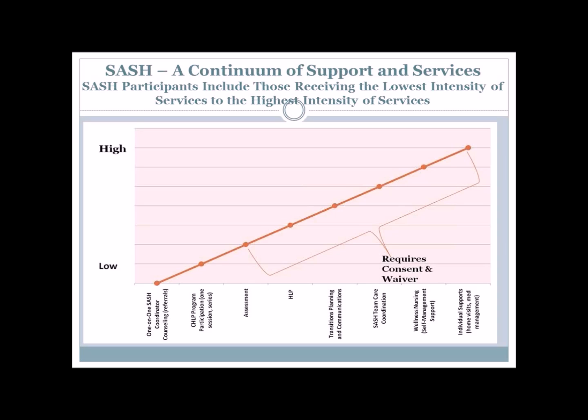As we talked about, SASH is a spectrum of supports and services. Depending on the participants' desires, needs, and circumstances, they will take what they need and want off of this list. And there's a point on this continuum where we're getting into the types of supports and services that require the participant to sign legal forms.